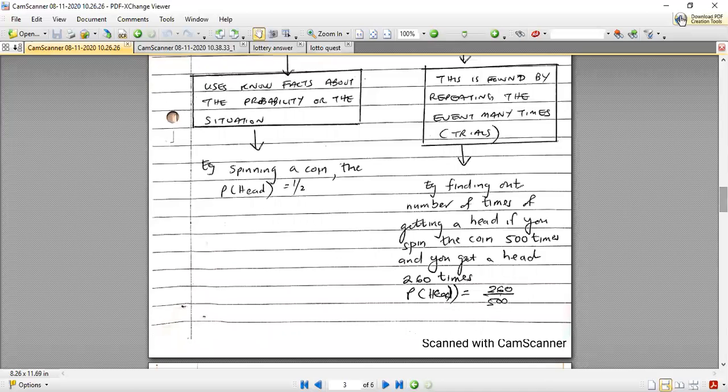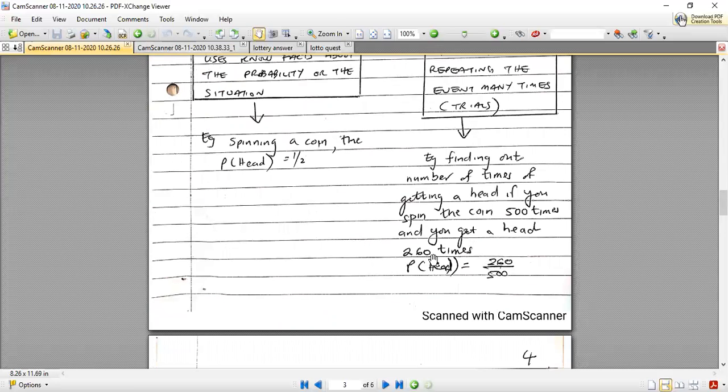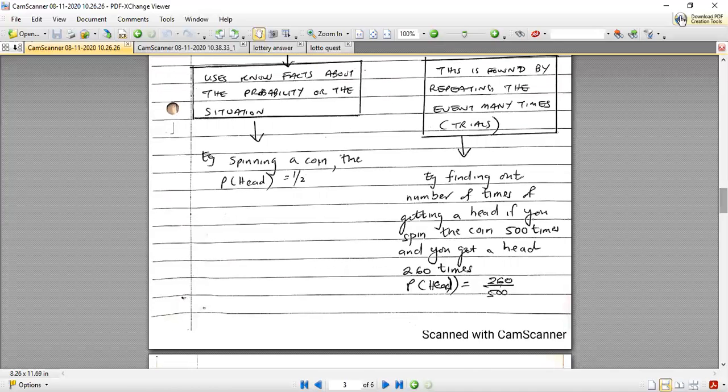Now, if you look at 260 divided by 500, it is slightly more than 50% or half. So in theoretical probability, it's telling us that it should be 50%, but in experimental probability, when we actually do the trial, it could work out to more than 50%.